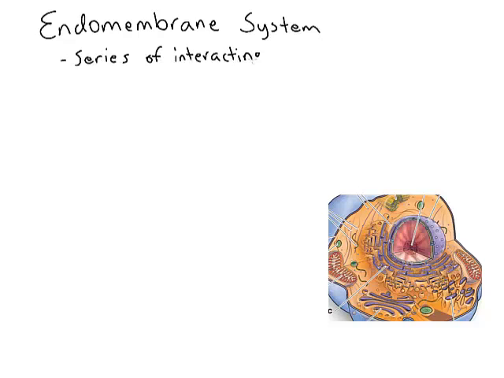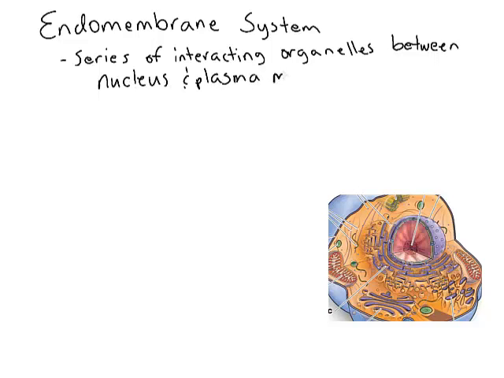Another part of the eukaryotic cell is the endomembrane system, which is a series of interacting organelles between the nucleus and the plasma membrane. The endomembrane system makes lipids, enzymes, and proteins to use either inside the cell or for excretion into the space outside of the cell to be transported to and used by other parts of the body.